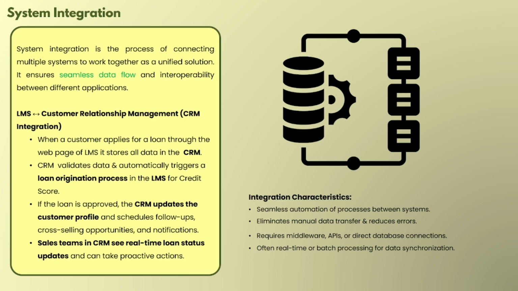Everything is sorted and automated, and that's why the process goes much faster. So on the basis of data which comes from the loan management system, CRM takes some decision, and that particular loan management process gets started.